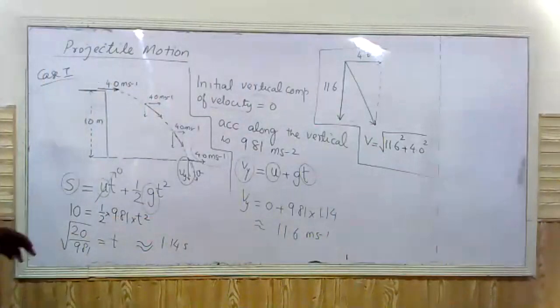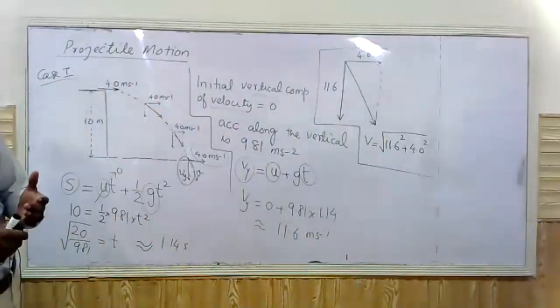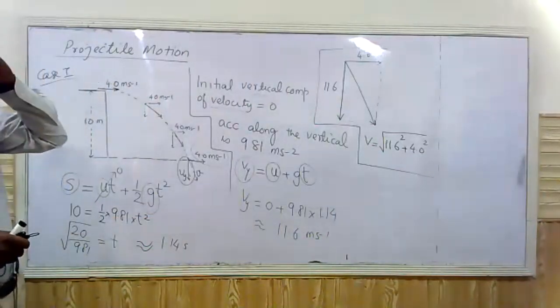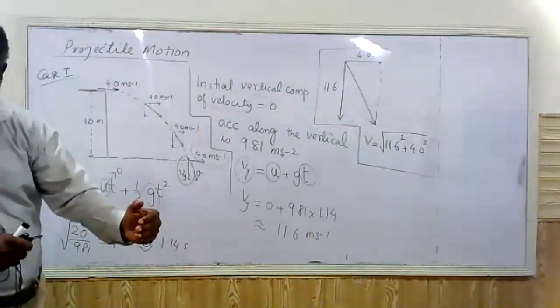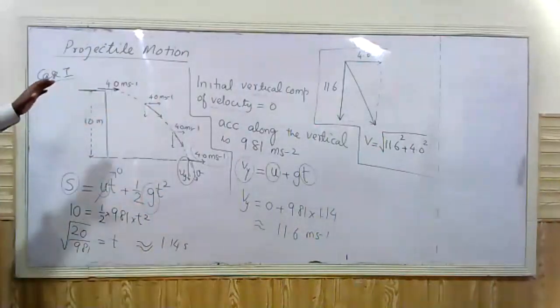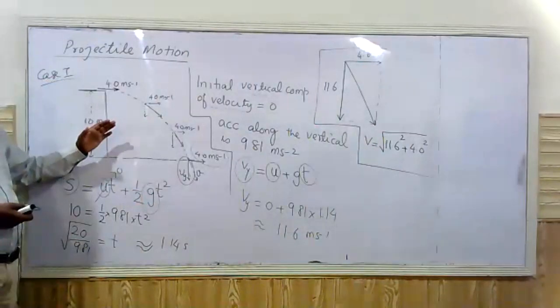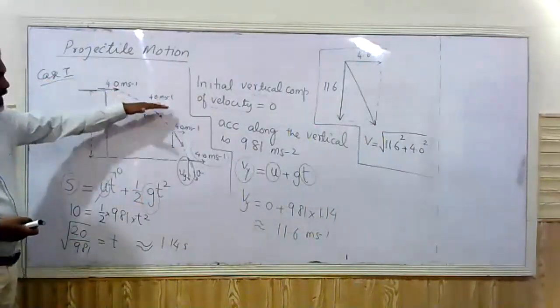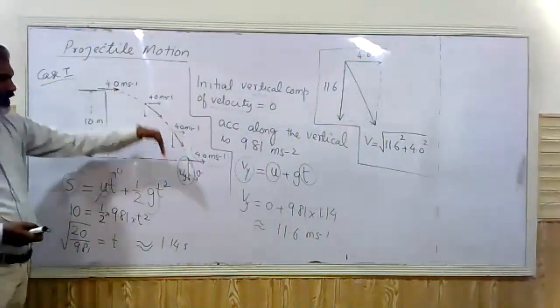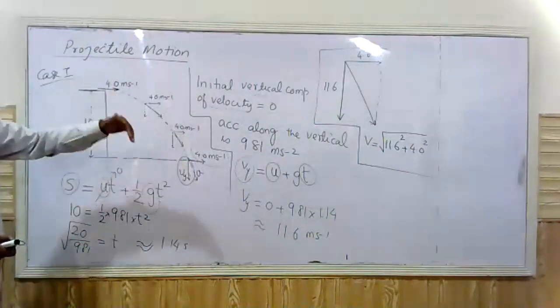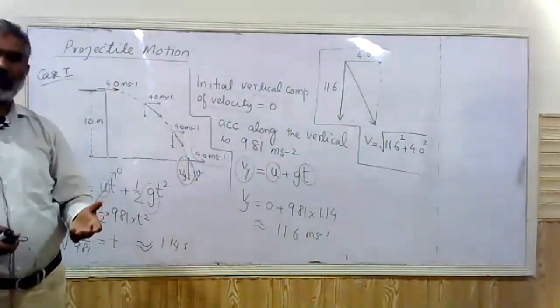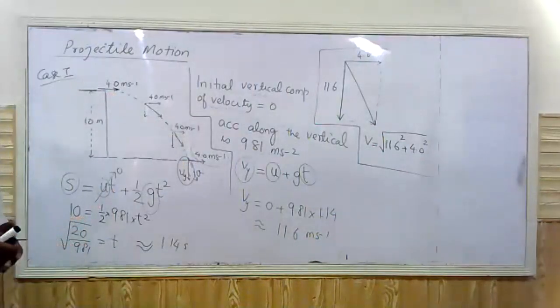So projectile motion is the motion of an object in which the object takes a curved path, and in this motion, velocity remains constant in one direction and acceleration is constant along the other. It has two components throughout the motion.